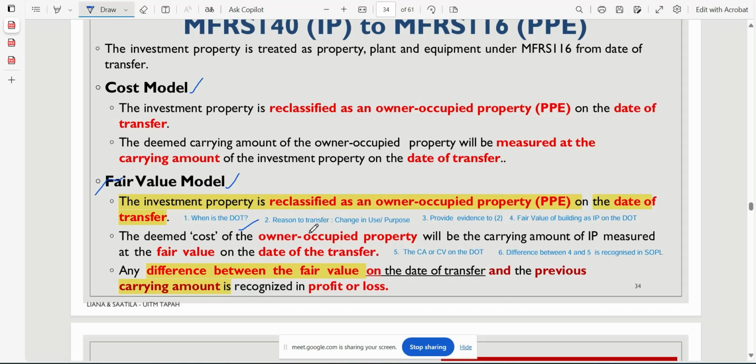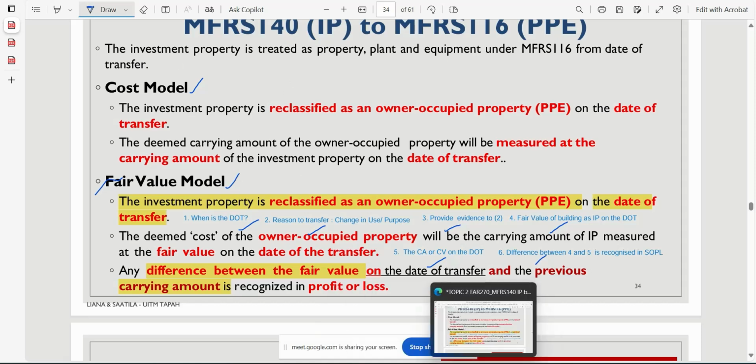And then what are the reason, what are the evidence, what is the fair value on the day of transfer. We have found all this, the carrying amount on the day of transfer, and what is the treatment for the difference between 4 and 5, the difference between carrying amount and the fair value. So let's go and apply this into our answer.